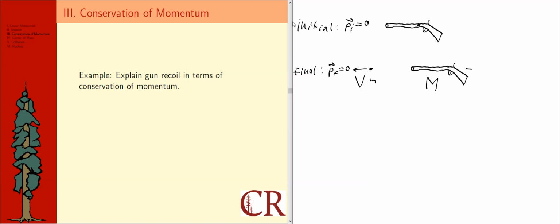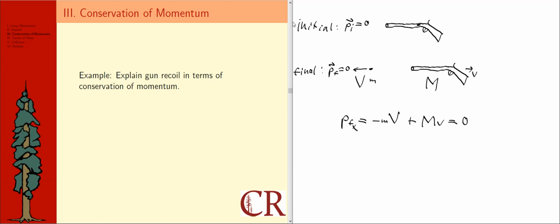And we're going to explain recoil based on the idea that the gun is pushed back to have a small velocity in the opposite direction of the bullet. So in that sense, the final momentum, looking at the x component in a standard coordinate system, would be minus little m big V for the bullet plus big M little v for the gun is equal to 0.